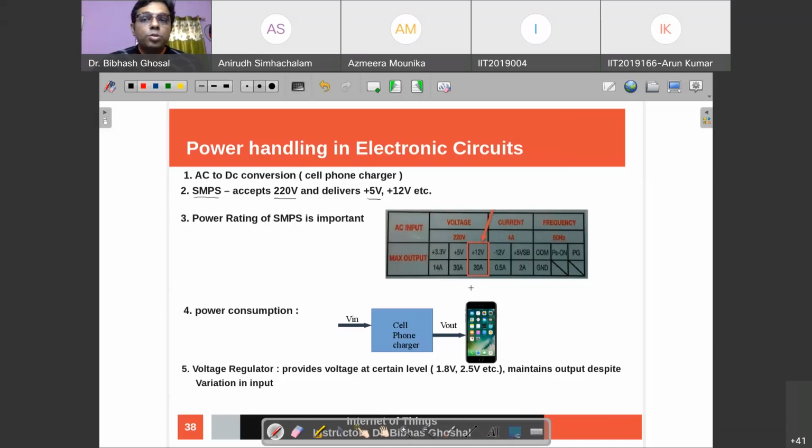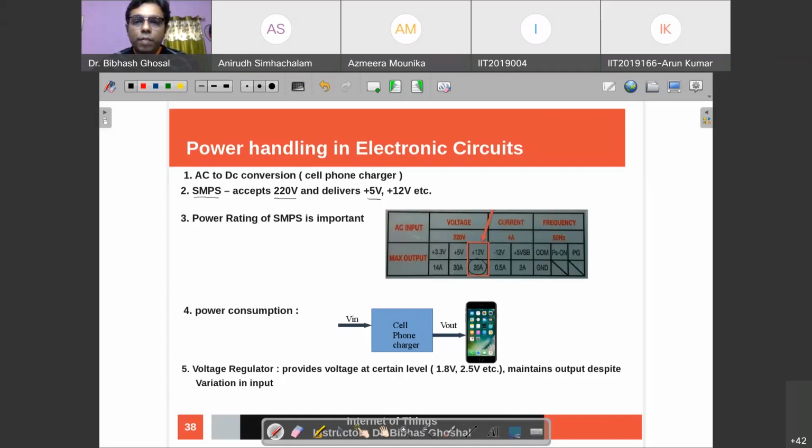But it's not only that you should be happy with the lowering of voltage, you should also be concentrating on what amount of current is generated by that. It's called current rating. 3.3 volt is giving you 14 ampere. 5 volt is giving you 30 ampere. Plus 12 volt is giving you 20 ampere. You multiply these two and you get the power rating. That is something which is important.